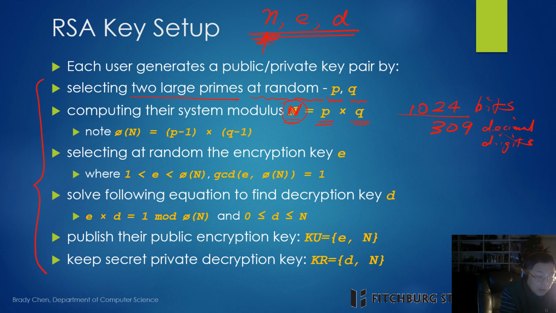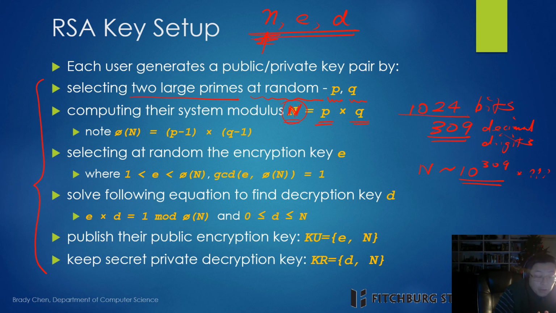Now let's think about this. Let's say n is about 309 digits. That means n is about 10 to the 309 times something, right? Now n is a multiplication of P and Q. Let's assume that P and Q are about the same size.